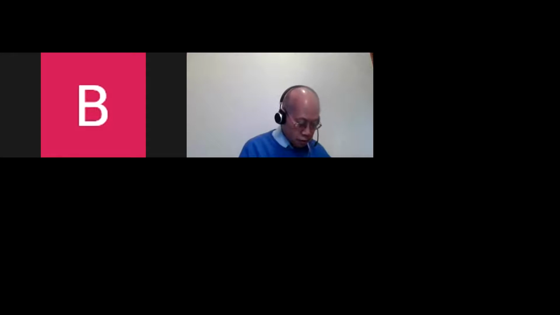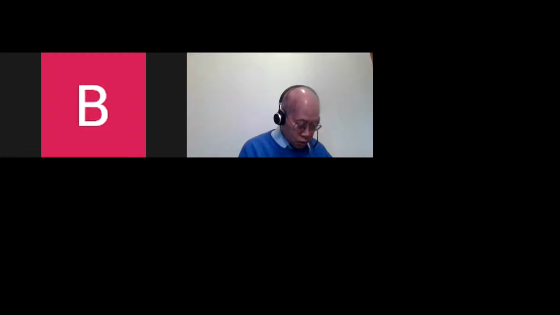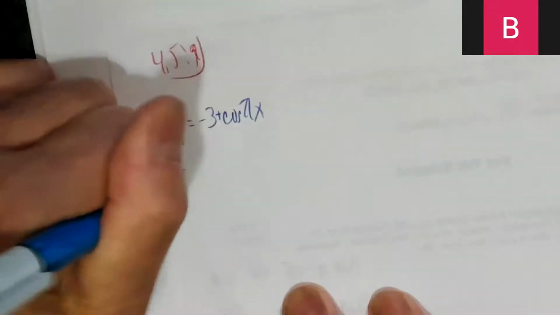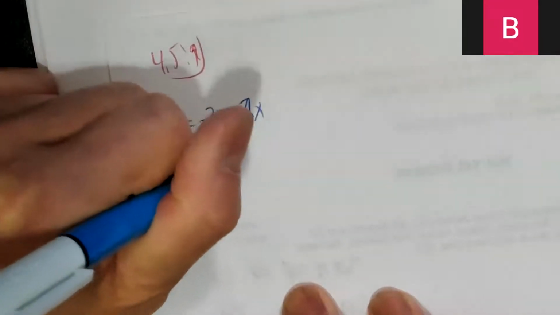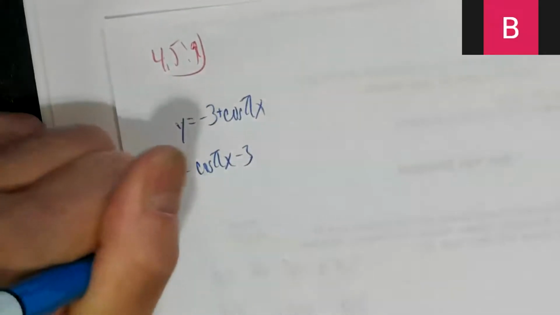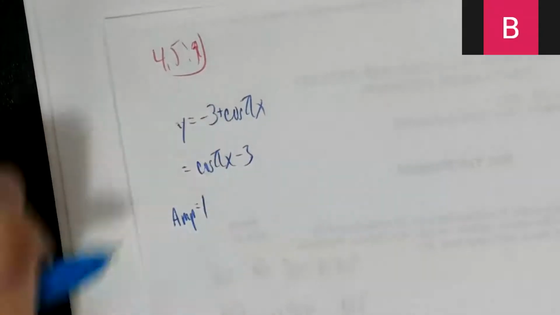4.5, number 9: y equals -3 cosine pi x. Okay, so the amplitude is 1.